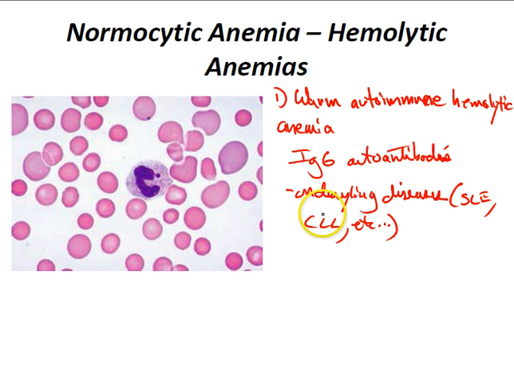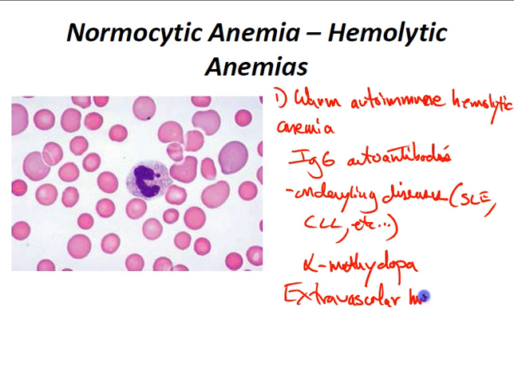All right, it's associated with some drugs, specifically alpha-methyl-dopa, which stimulates the production of autoantibodies against Rh antigens. It commonly results in extravascular hemolysis by splenic macrophages, so you're going to see splenomegaly.